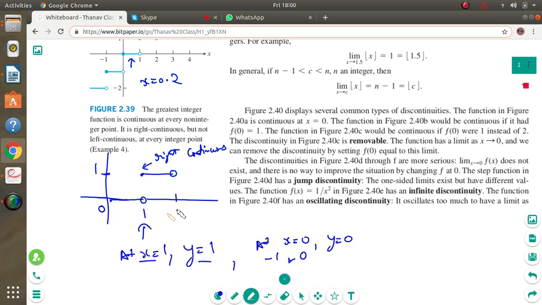Now here we have 2 basically. So at x equal to 2, what about this value? Again it will take right continuous.